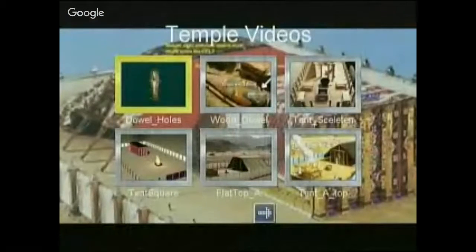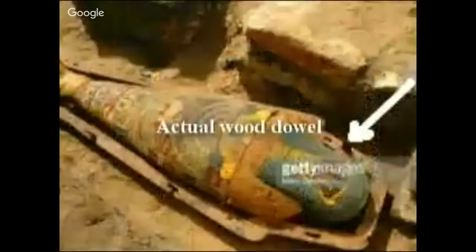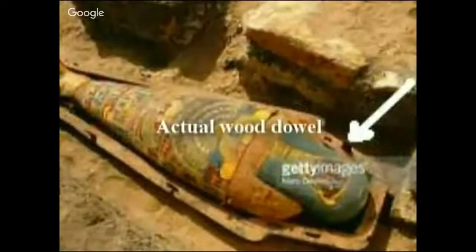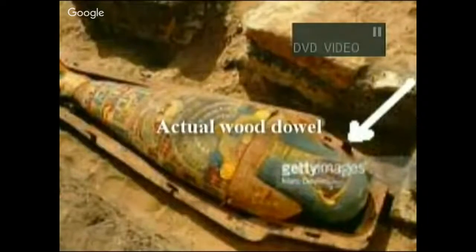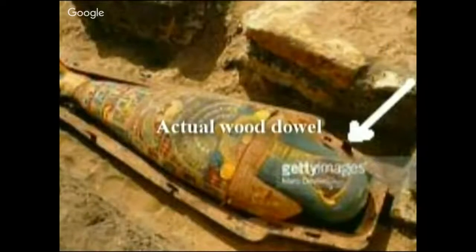So let's go ahead and look at the other thing. I do apologize. This may be a little rough, or maybe not. Right there it is. Oh, there you go. I'll put it on pause. There we go. All right, I have a little white arrow pointing. Can you see that little square dowel sticking out? This is from the very same time period that the Bible was written. If you look at that square, that's the actual dowel sticking up out of it.